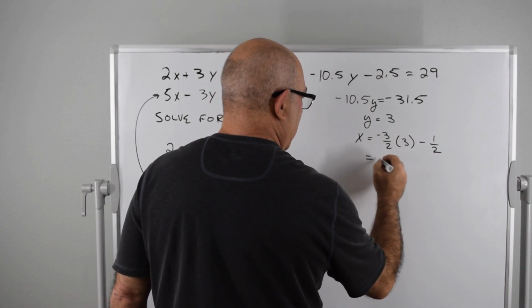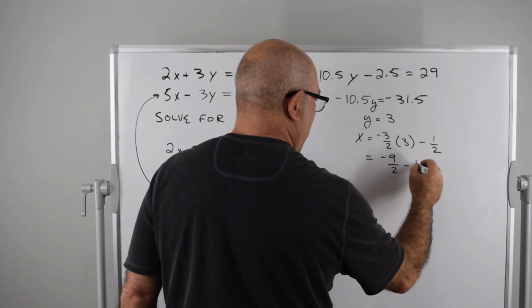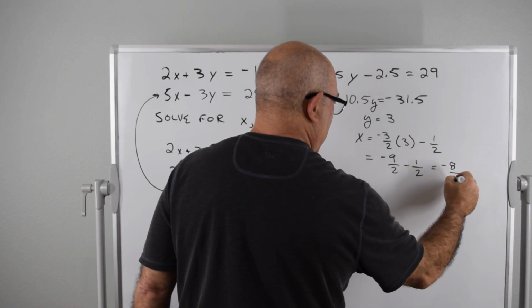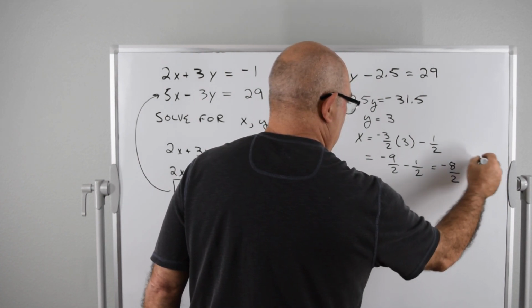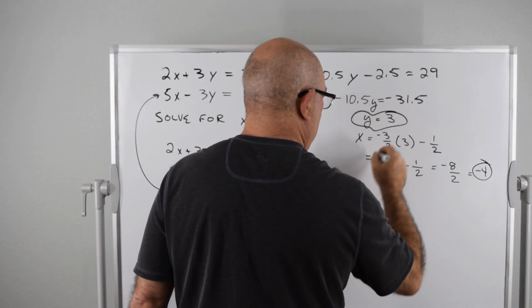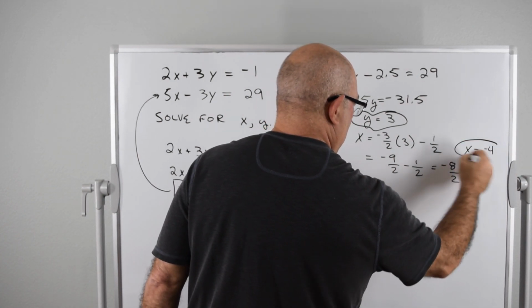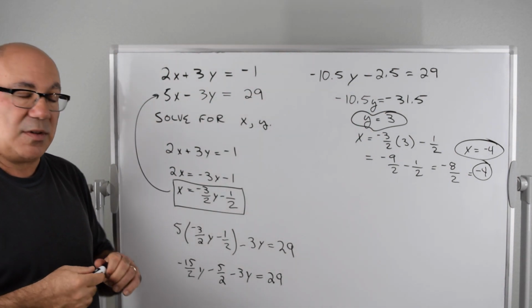And this equals minus 9 halves minus 1 half equals minus 8 halves equals minus 4. Okay, so we have our answers. X equals minus 4 and y equals 3. And that is how we solve it with the substitution method.